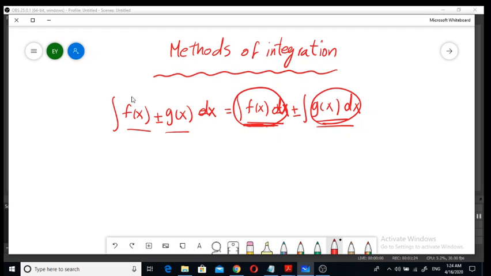But as we have studied before in the previous videos, we don't have a product rule or quotient rule in integration like the derivatives.